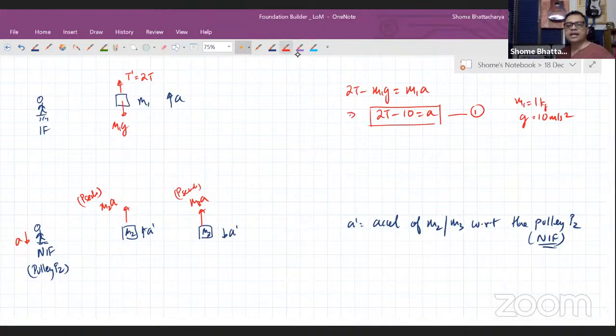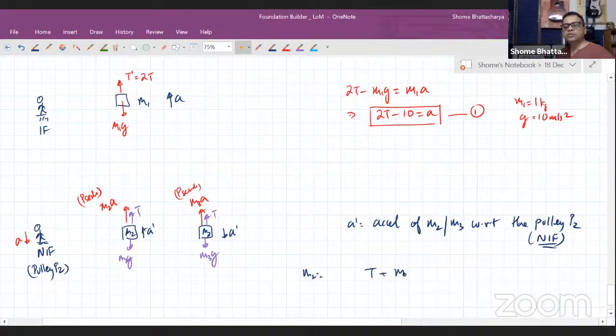Pseudo force. Okay, and then the actual forces: tension, weight, tension, weight. So for the second block, I have the equation T plus pseudo force minus weight is equal to mass into acceleration. So this will become T plus 2A minus 20 is equal to 2A prime.